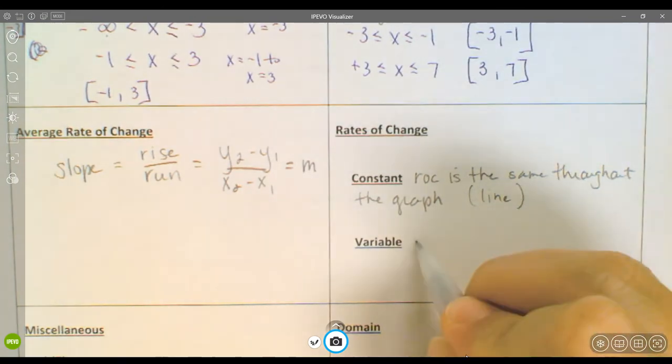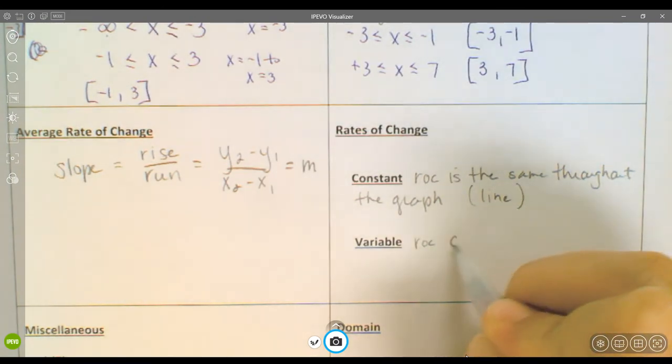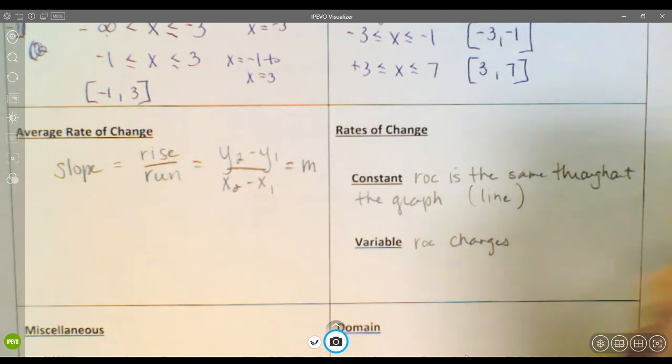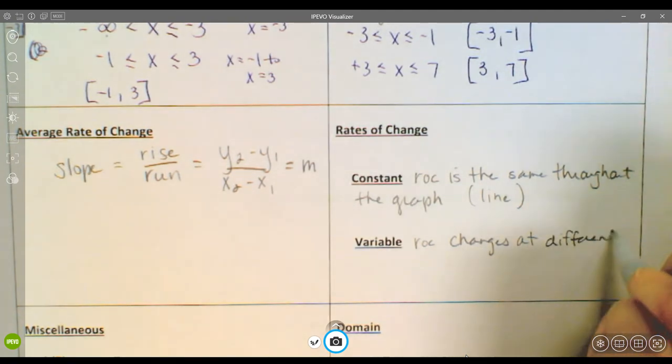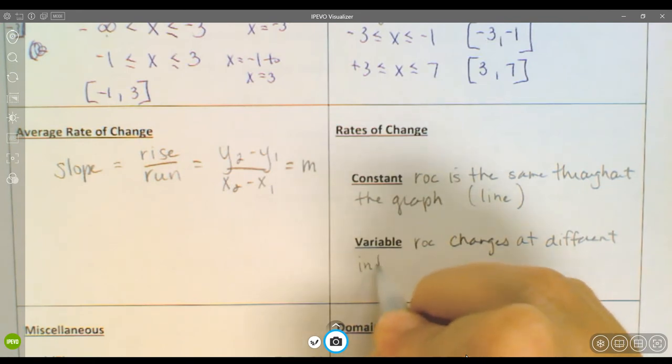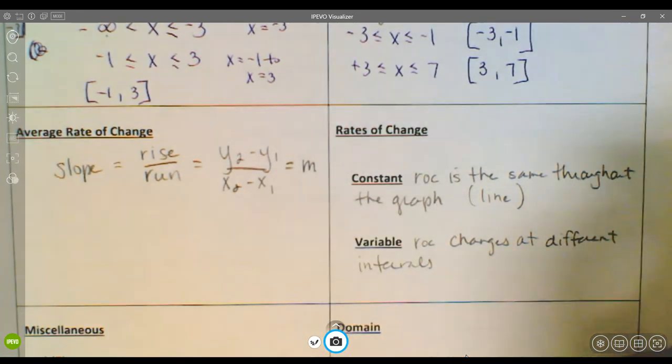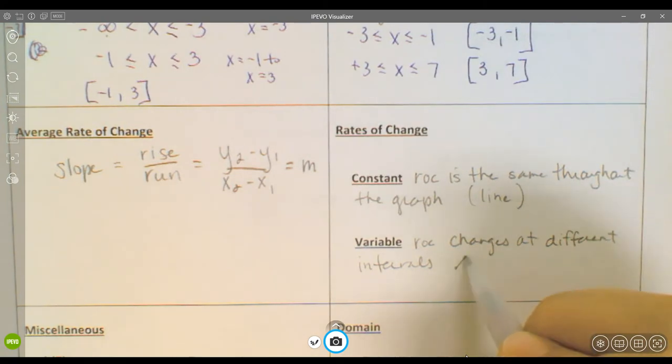When the rate of change is variable, the rate of change changes at different intervals. Okay, that'll be a broken line. We go from positive to negative to positive. It could be a curve. So we'll call this a broken line.